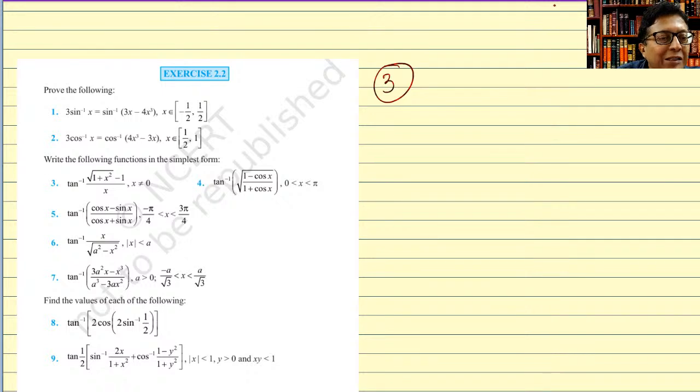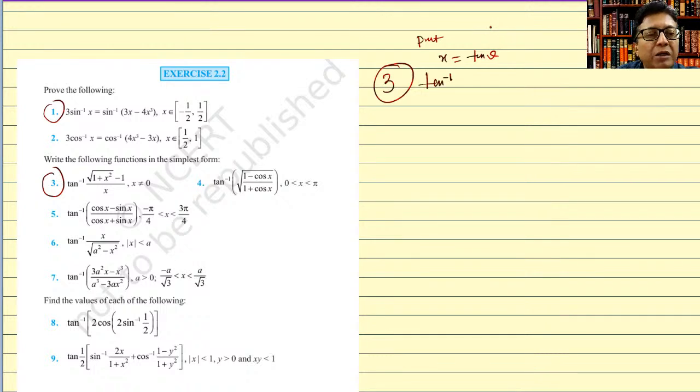So I will be selecting this. This I have done in the previous session. So number 3, for this one, tan inverse of root of 1 plus x square minus 1 by x. A little bit of trigo sense will tell you how to proceed. Put x equal to tan theta.